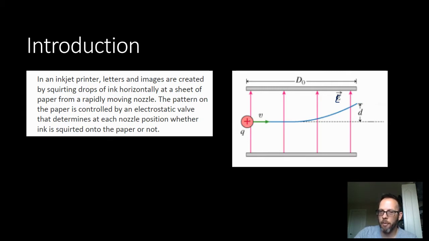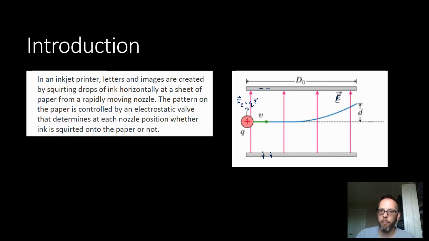This ink droplet has a positive charge. When it enters the parallel plates, where we have an electric field from the positive plate to the negative plate, going up, this charge is going to experience a force equal to the charge on the ink droplet times the electric field strength.